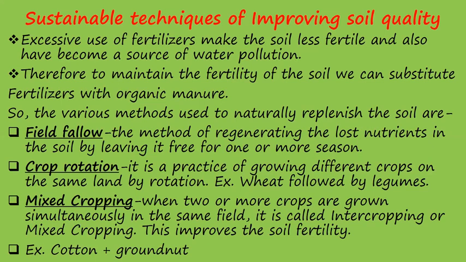There are some methods of improving or restoring the quality of the soil. These methods can be used naturally to replenish the nutrients in the soil. The first is field fallow, the method of regenerating the lost nutrients in the soil by leaving it free for one or more seasons.